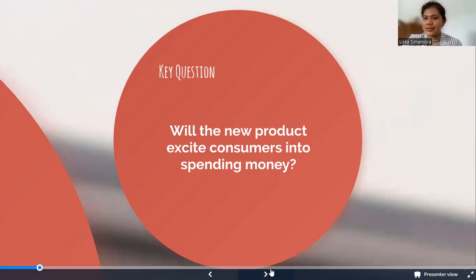But actually, there's also a further question to be asked here: will the consumer keep spending their money to buy our new product?